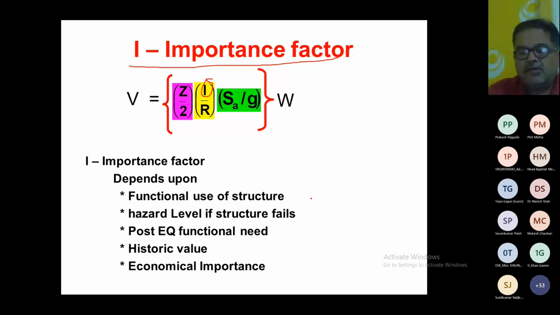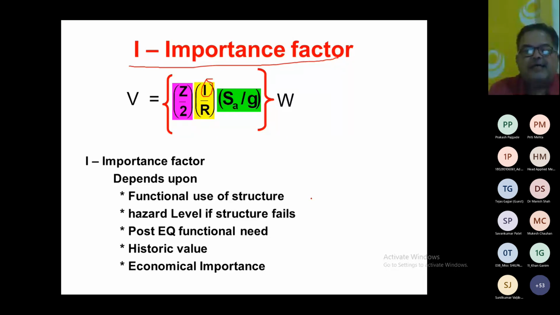For example, take historical value. We have heritage structures like the Taj Mahal. When we talk about the Taj Mahal, we are definitely not designing for 50 or 100 years. It was designed maybe for more than 1,000 years, so that it may remain functional. So it depends.